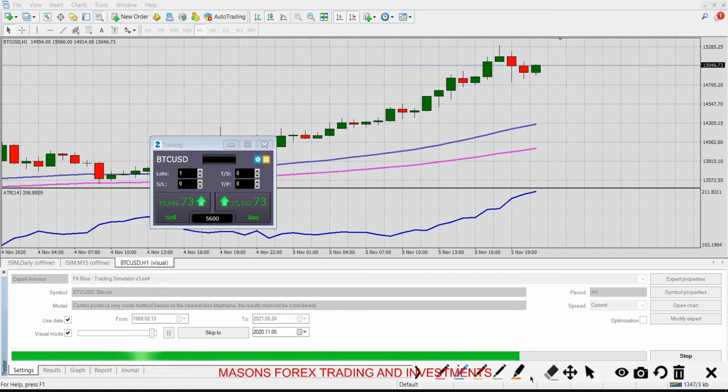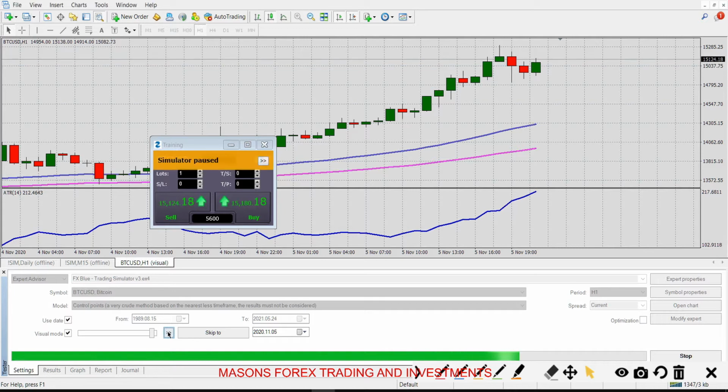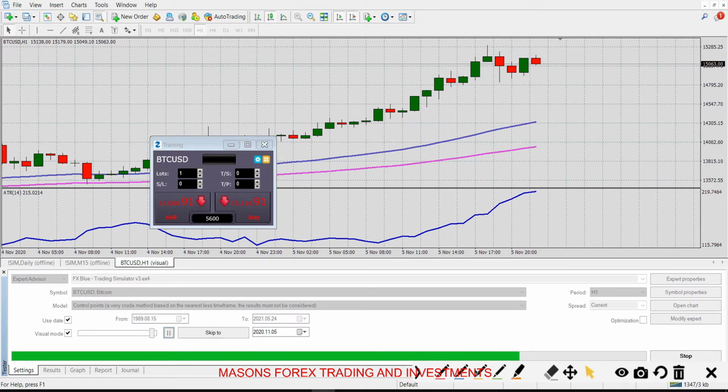Let's see what happens. In our case, unfortunately, it does not close above and give us a breakout bar.